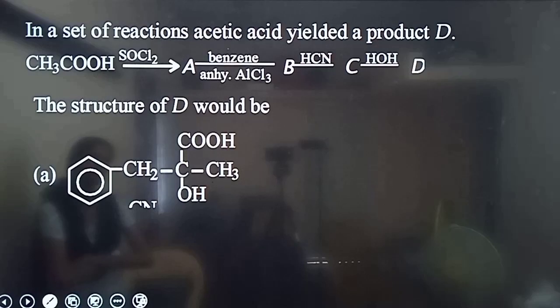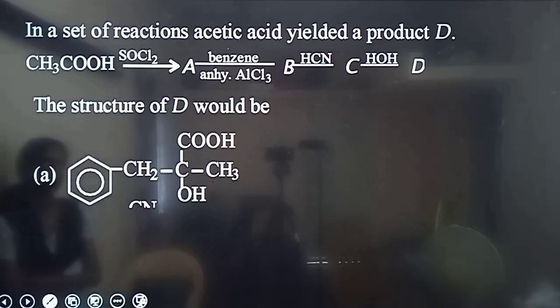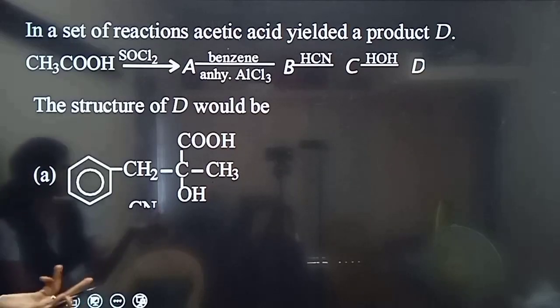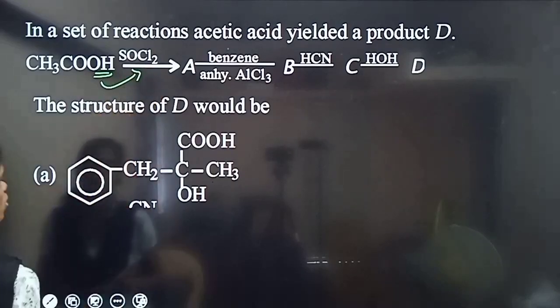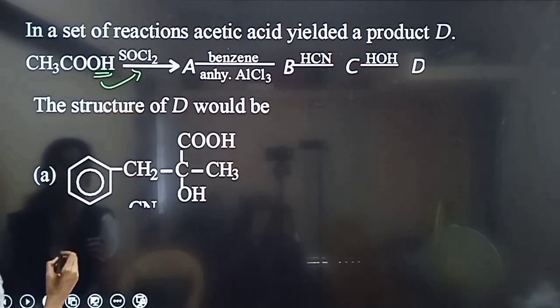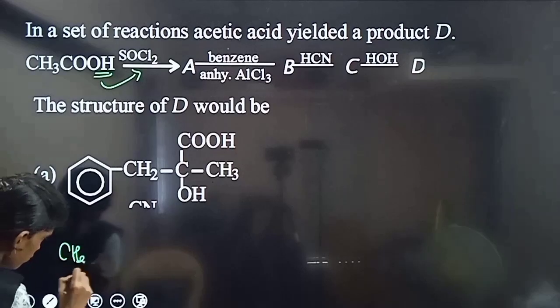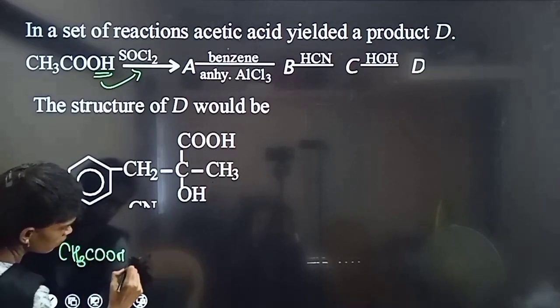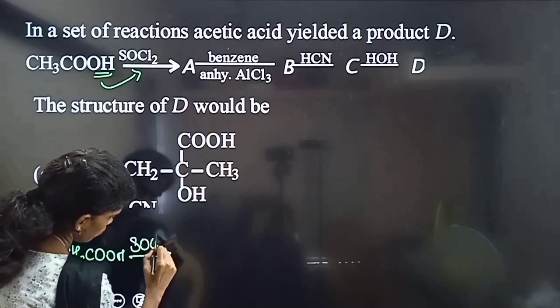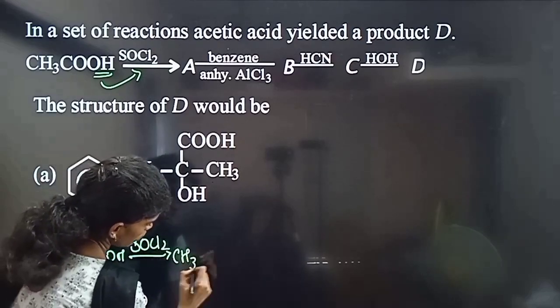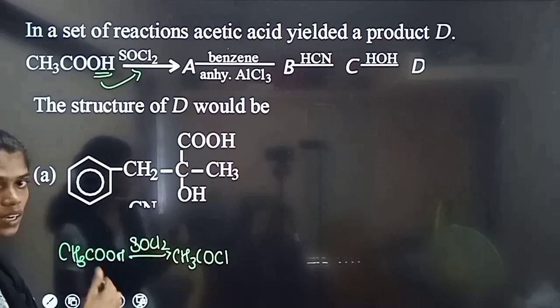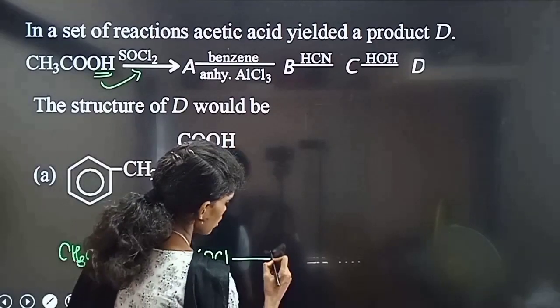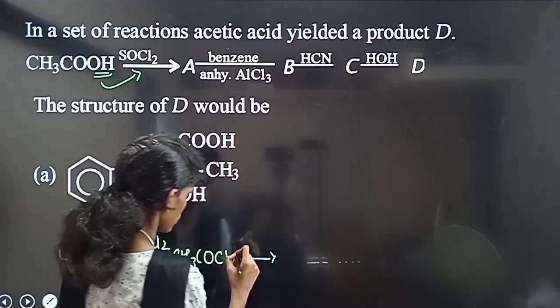A set of reactions of acetic acid yielded a product D. Taking acetic acid and treating with PCl5, this will be replaced by chlorine. Then it is reacted with benzene in presence of anhydrous AlCl3. Then it is the Friedel-Crafts acylation reaction.